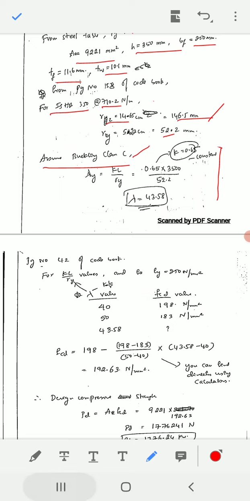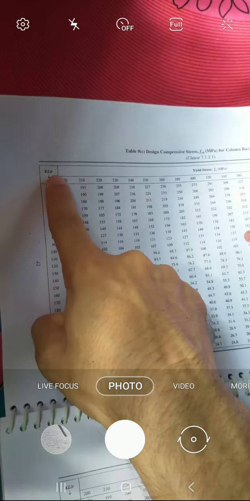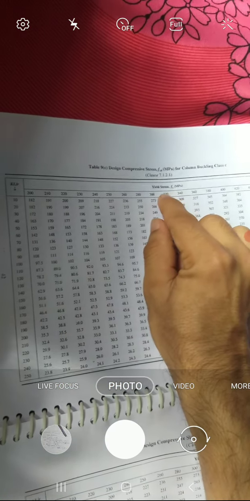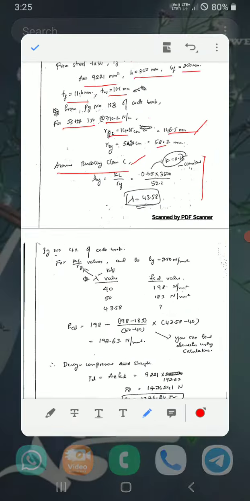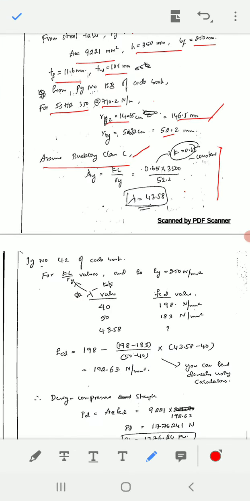Yes, I'll show the table now here, right? This is the table where buckling class C is mentioned, and this is page number 42. This row is of KL by R values, means lambda values, and this is yield stress FY, right? Our FY is 250, so only this column is needed for us. You see we got 43.58.